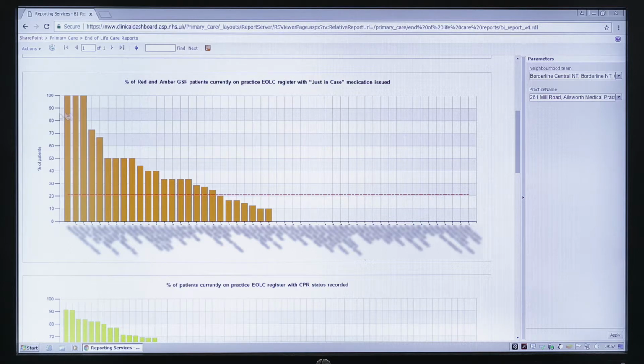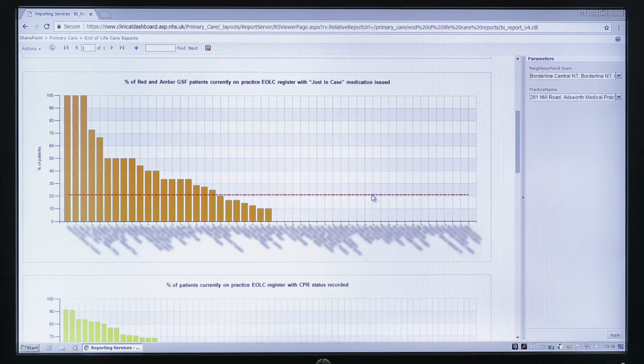There are 3 practices that have achieved 100%, but if you hover over this, in fact, in this particular practice, there was just 1 patient who is GSF Red or Amber, and that particular patient does have just-in-case meds in place. In my practice at the moment, there are 8 patients GSF Red or Amber, and just over 70% have just-in-case meds in place.